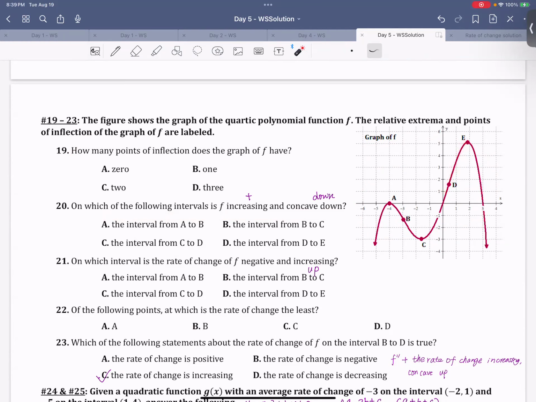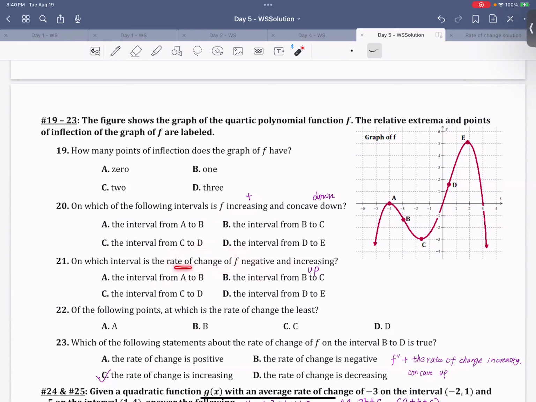Next one. Owen. 21. This is saying what? Your F is increasing or decreasing? Increasing. Negative is decreasing, right? Your F's rate of change is negative, so you are decreasing.